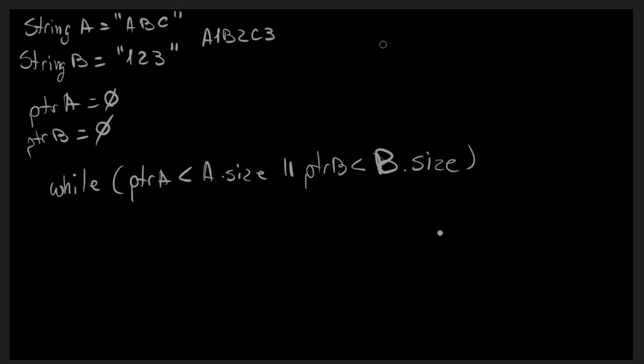Next, we're going to be adding each char that it is pointing at to some value that we want to return. So we're going to have a string builder, SB.